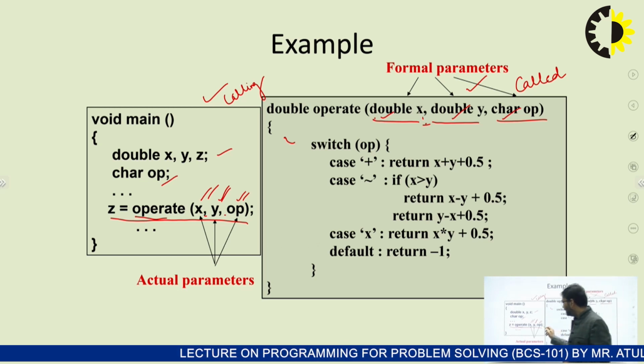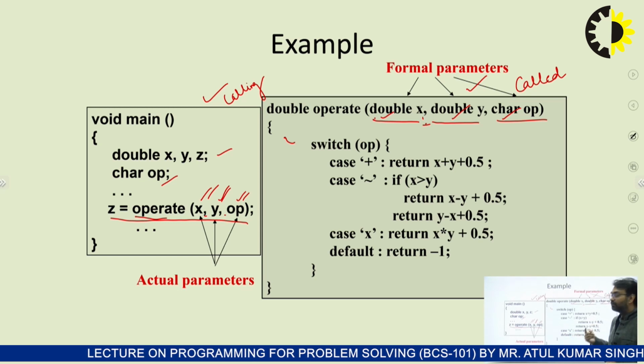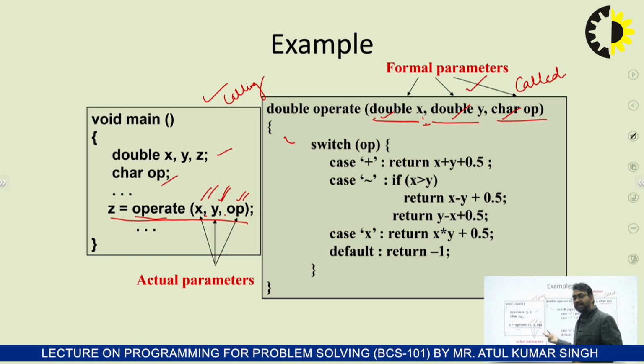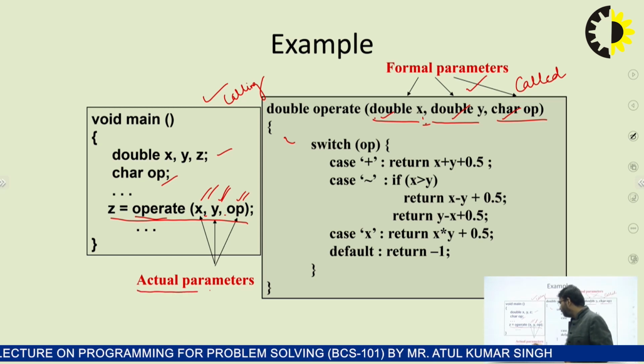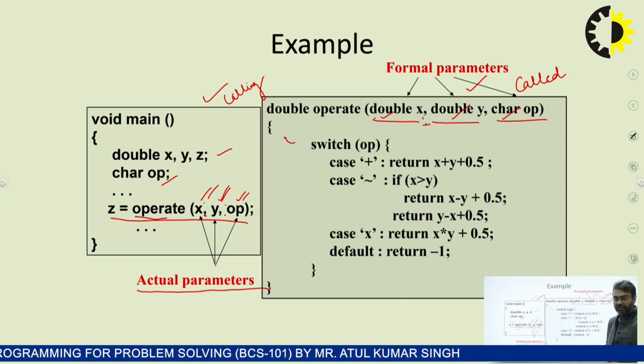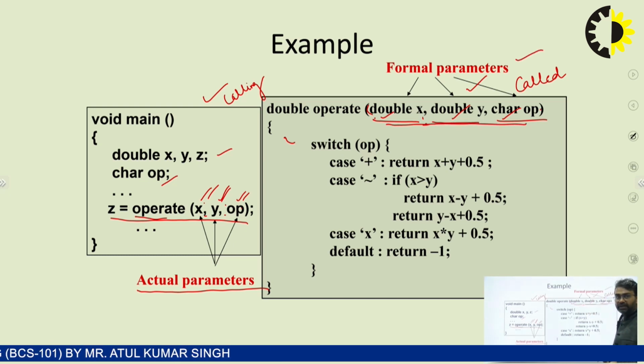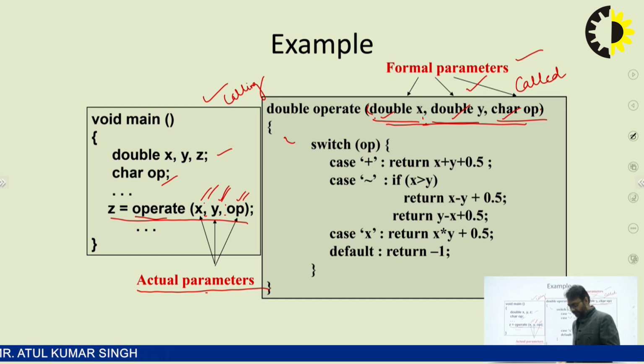Here x is of double type, y is also of double type and op is of character type. This is the calling, and whatever we pass at the time of calling in the parameter list is called actual parameters. So x, y and op are actual parameters, and the receiving function's parameters in the parenthesis are called formal parameters. It means formal parameters receive the values of actual parameters.